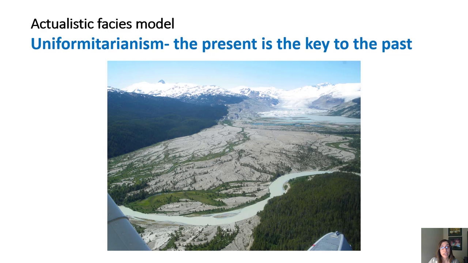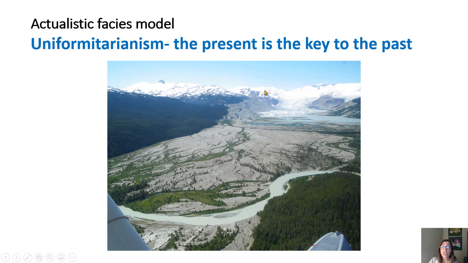So what we use is an actualistic facies model. If we are going to interpret the different depositional environments, we need to have an understanding of what happens today, the present, and use that to refer back to what probably was happening in the past. Another word for this that you might be familiar with is uniformitarianism. Uniform, the idea that these processes have stayed the same throughout geologic time.